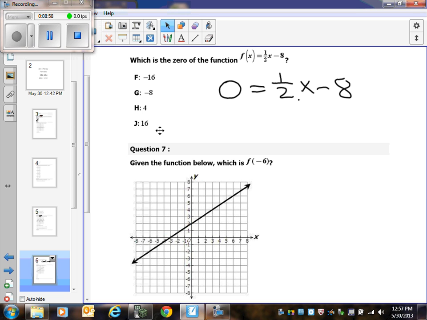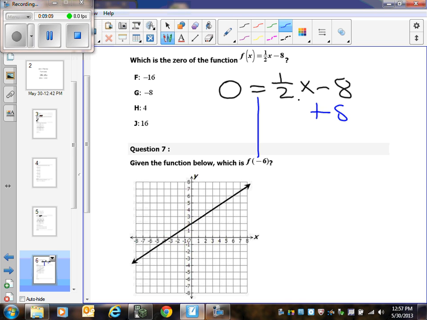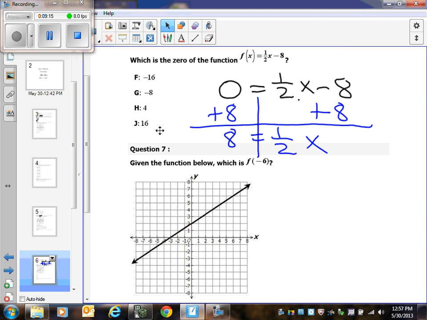But if you were really into it, let's solve this algebraically. Go ahead and bring down your equal sign, and then we're going to add 8 to both sides. All right. And then now we have to deal with this fraction. And actually at this point, half of what number gives you 8? The answer is 16.